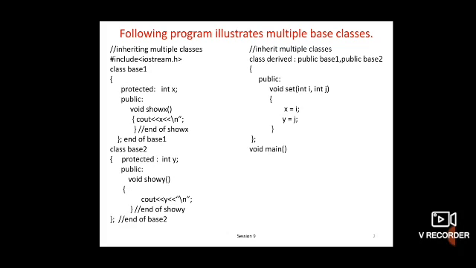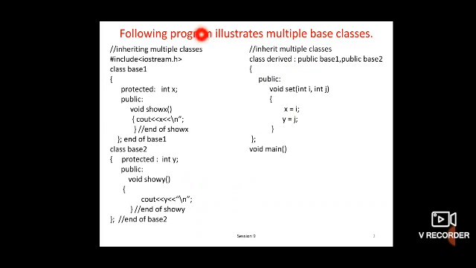Next, declare the main program. How do we access these base class member functions or derived class member functions? Through an object. To create an object, write the class name and the object name. But how many classes are in this program? Three classes: base1, base2, and the derived class.